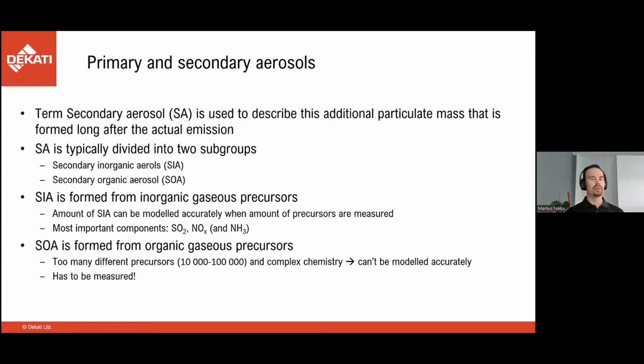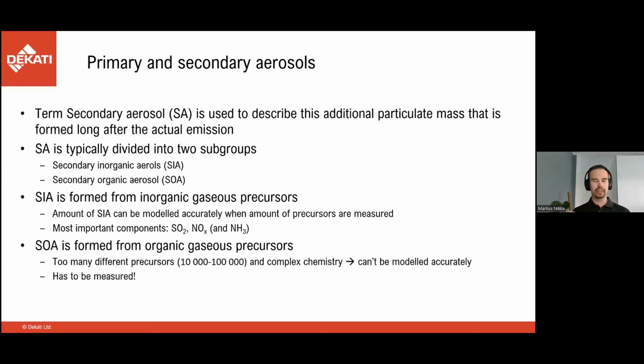And the amount of secondary inorganic aerosol can be modeled pretty accurately if we know the amount of these precursor gases originating from the emission source. The number of these different precursors is small and the reactions are well known, so the modeling is quite accurate.